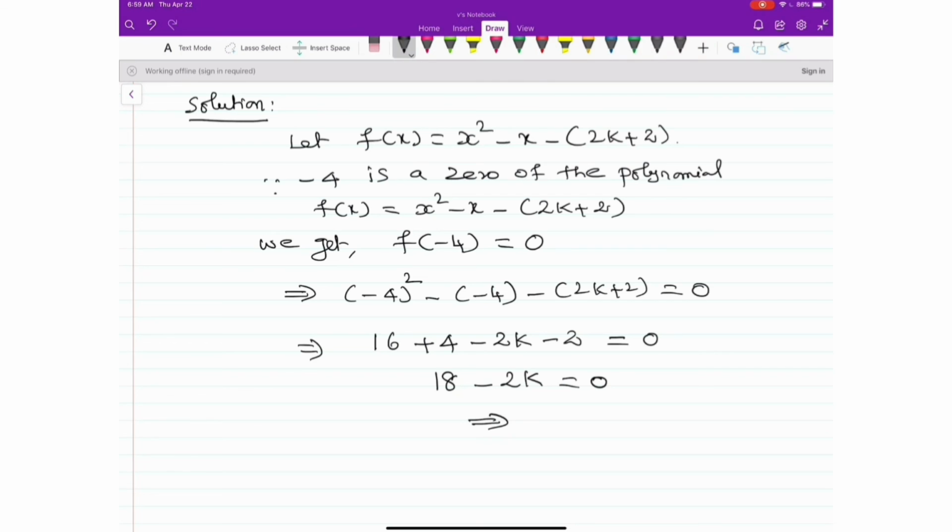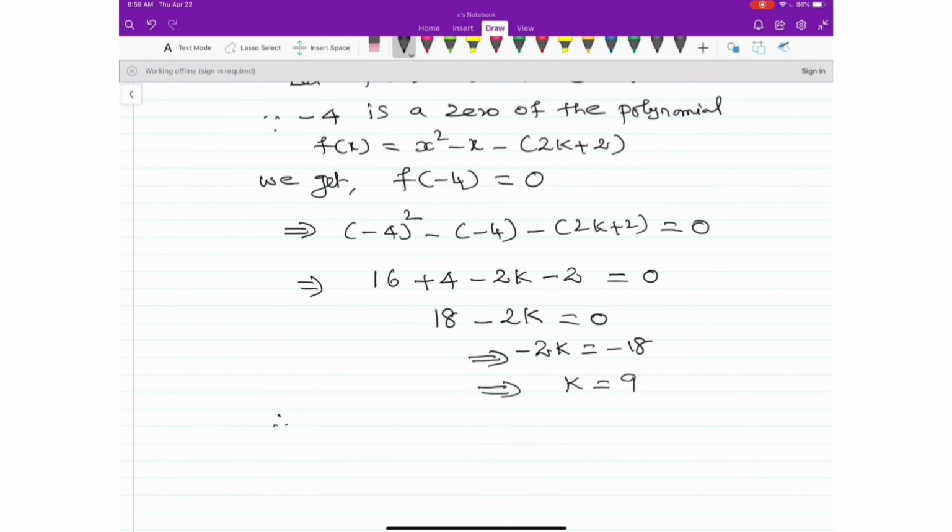This implies 2k is equal to 18, or k is equal to 9. So therefore, the value of k equal to 9. Of course, you have to write your answer.